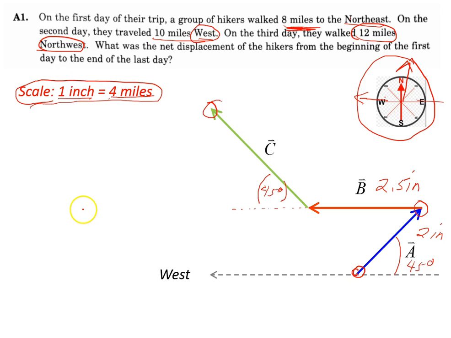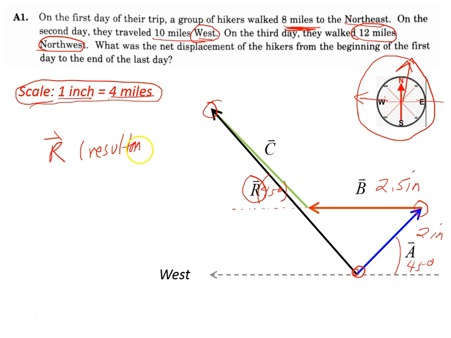That's going to be the net displacement. And when we're adding vectors, we often call that the resultant. So that's why it's an R. The vector sum is called the resultant. It's not something that's really all that important. It's just a name. Think result.